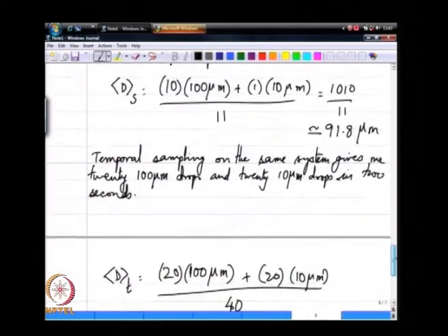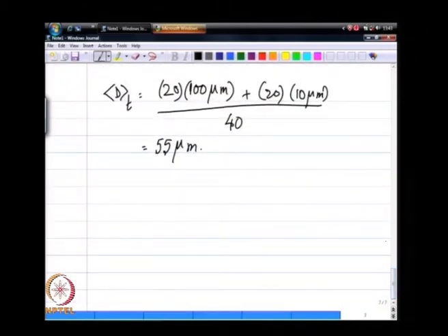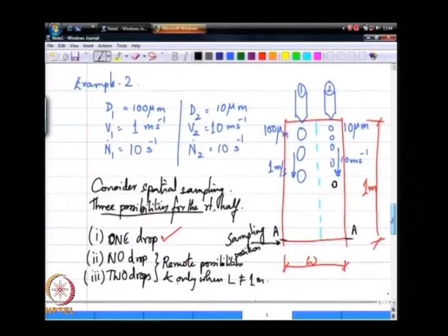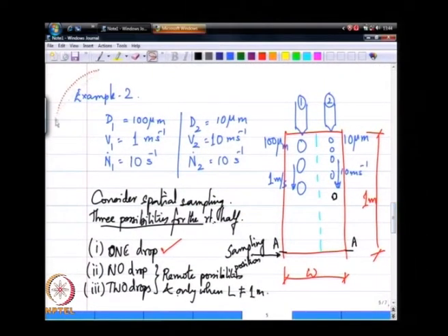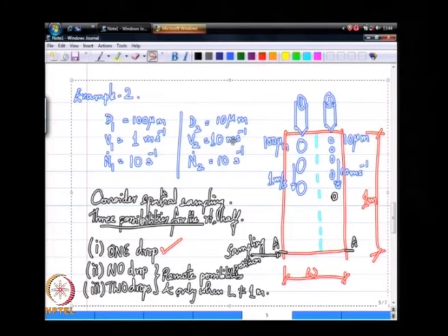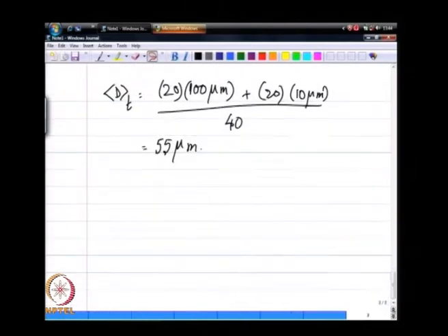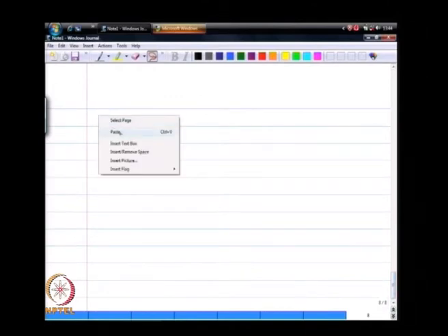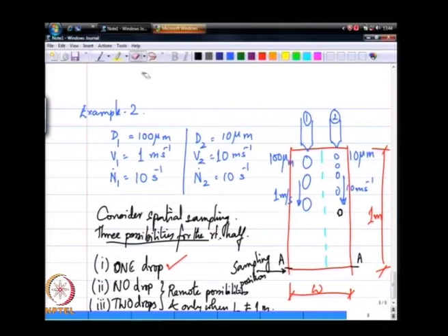So, let us actually complete that example just so we gain our complete understanding of the whole problem. I want to go back to example 3 where V2 is back to being 1 meter per second, but n2 is now down to 1 per second.